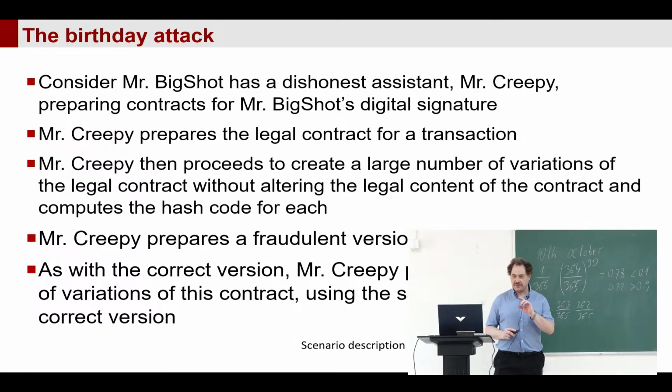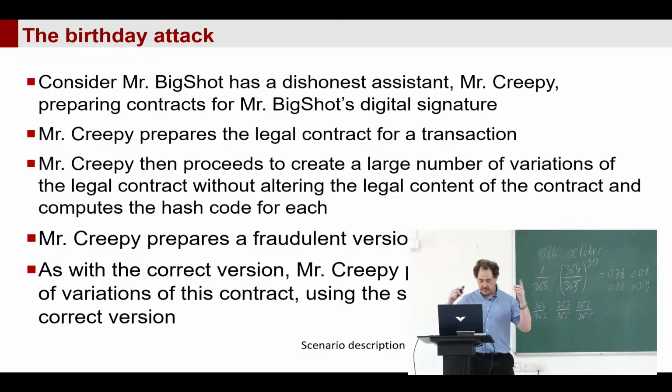How can Mr. Creepy launch an attack? Mr. Creepy prepares the legal contract for a transaction. Mr. Creepy then proceeds to create a large number of variations of the legal contract without altering the important content. For example, Mr. Creepy can add a white space here or there, unnoticeable, but many variations.